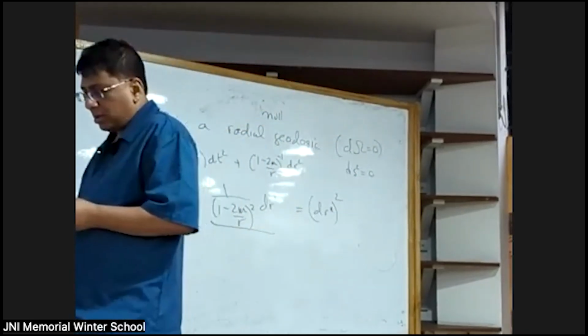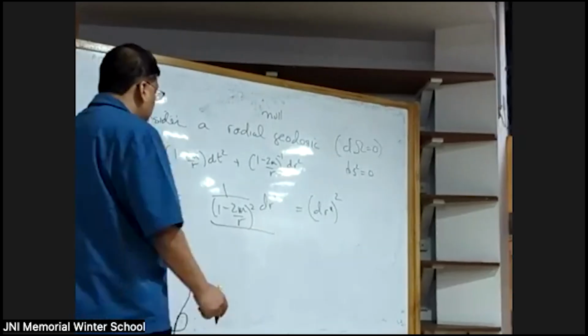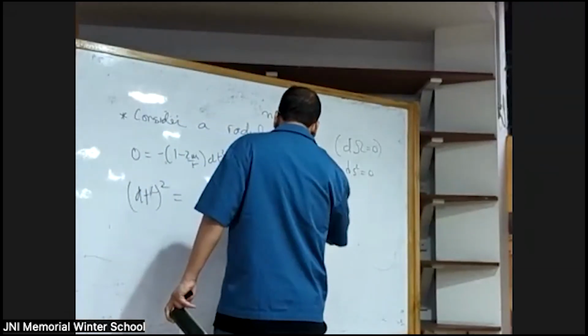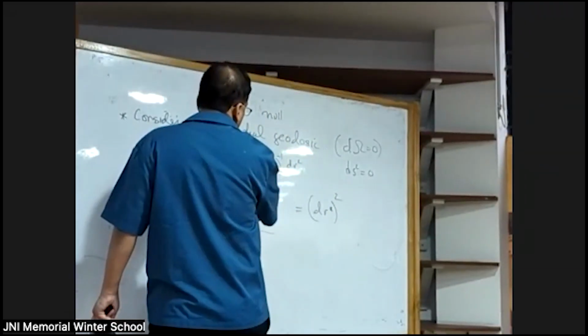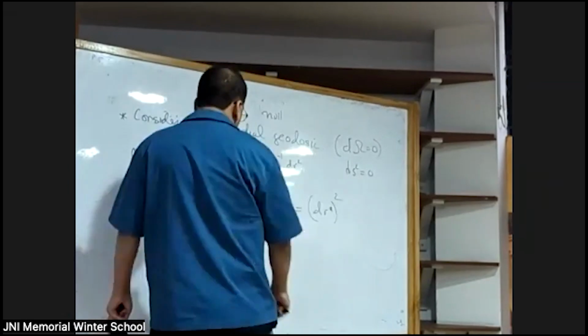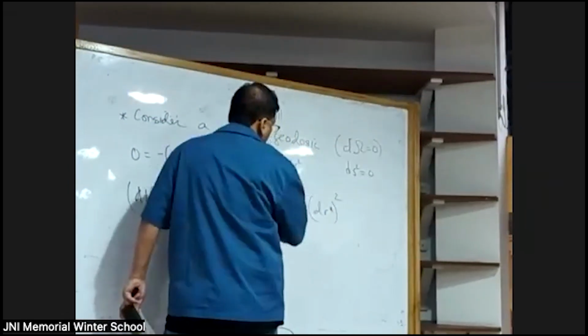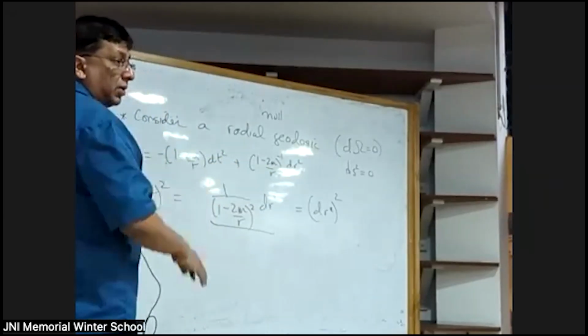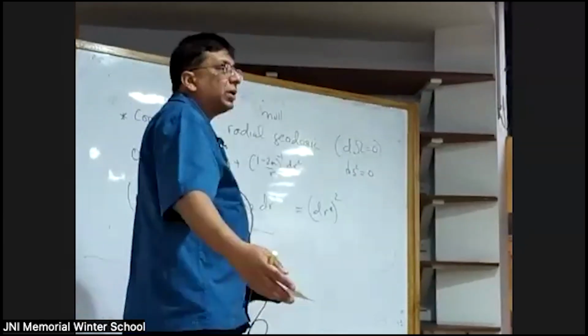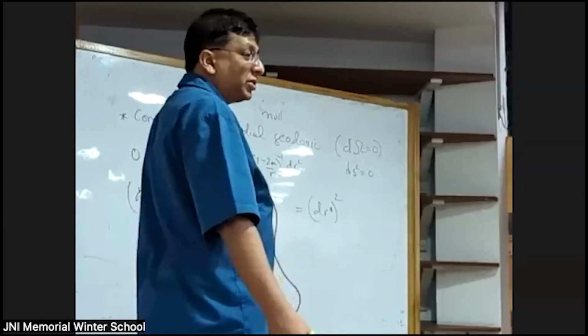Okay, and if you integrate this, dr star is related to r like that. So we related r star and r through this differential relation. Let's say we want to know how r star is actually related to r.